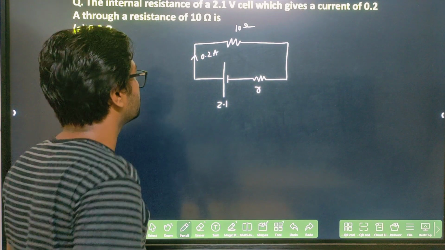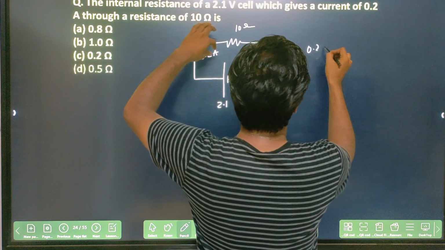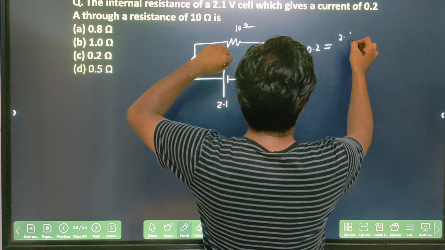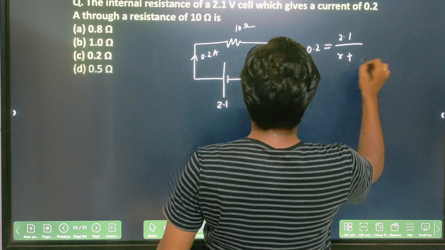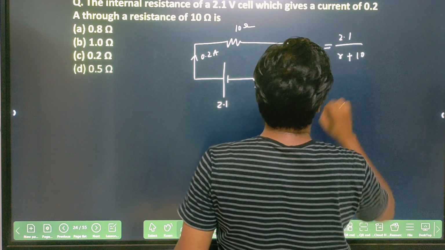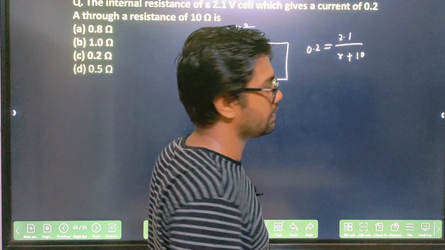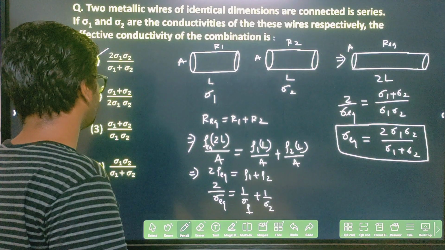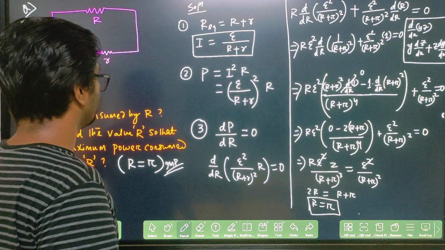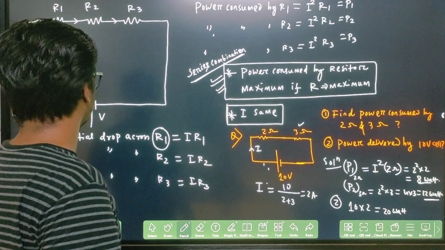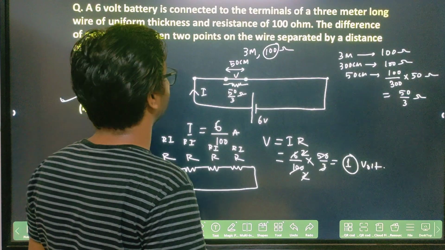How will you find out? You know that current can be written as 0.2 equal to 2.1 divided by R plus this capital R, right? Current equal to E divided by R plus capital R. This formula we have seen here, same thing you can apply.